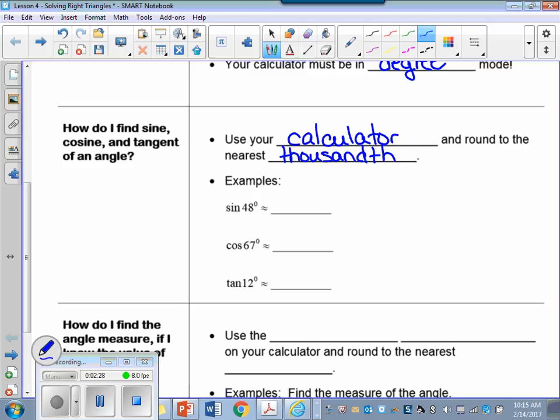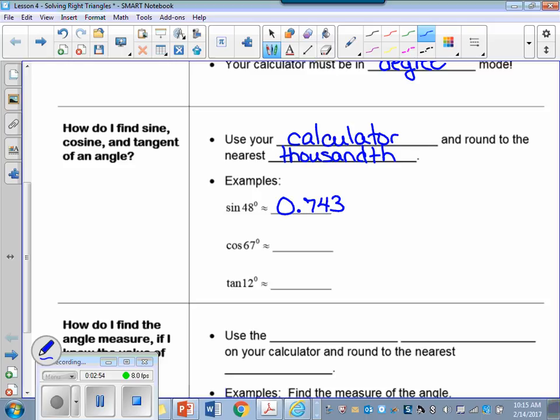Okay, so sine is 2 keys above the 7. So you press sine, 48, enter. 0.743. Watch your rounding rules, and please always put a 0 in front of the decimal point. Okay, I don't want any naked decimals running around there. There needs to be a value on each side.